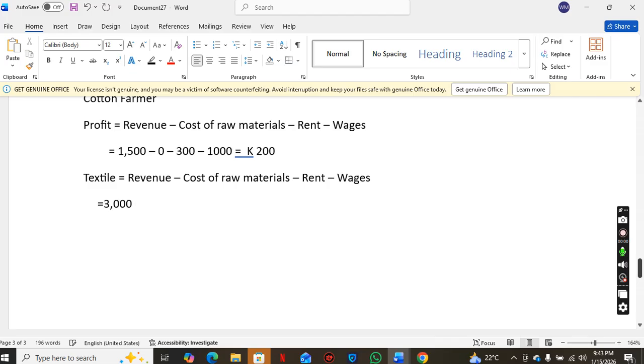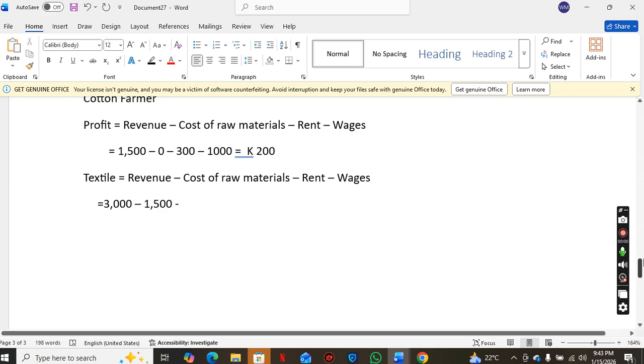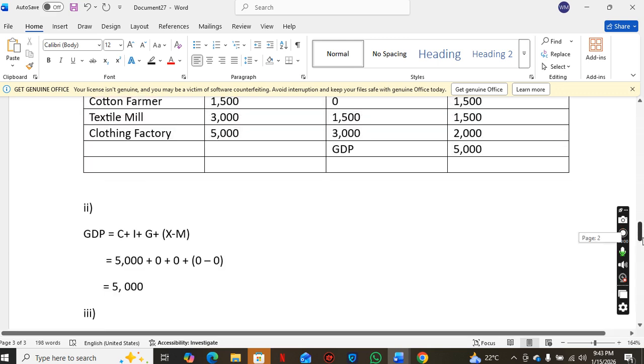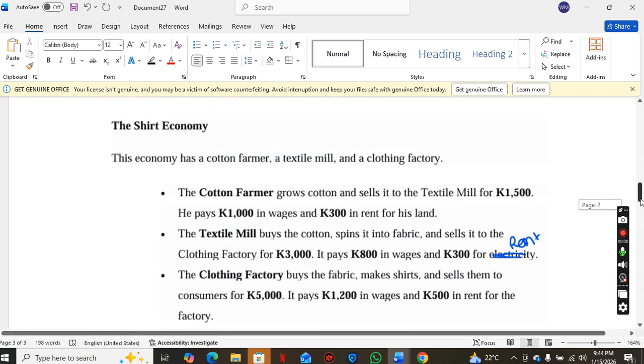The cost of the raw materials, which is the cotton, 1,500, minus the rent, 300, wages 800.